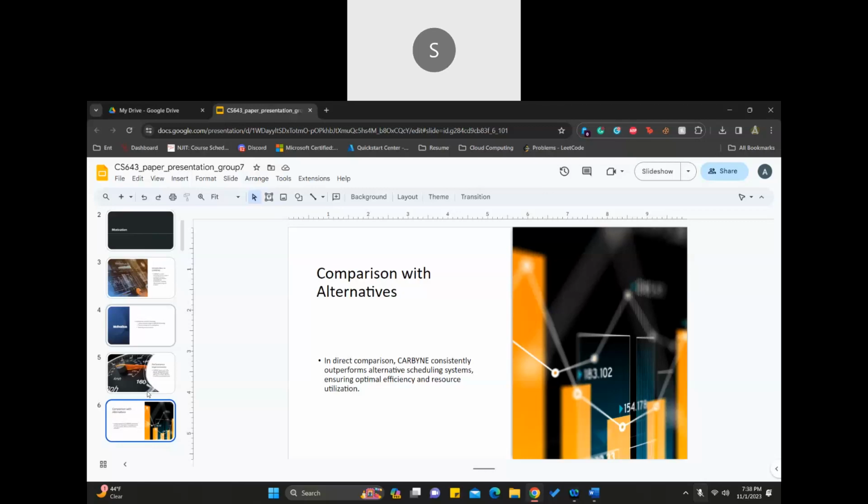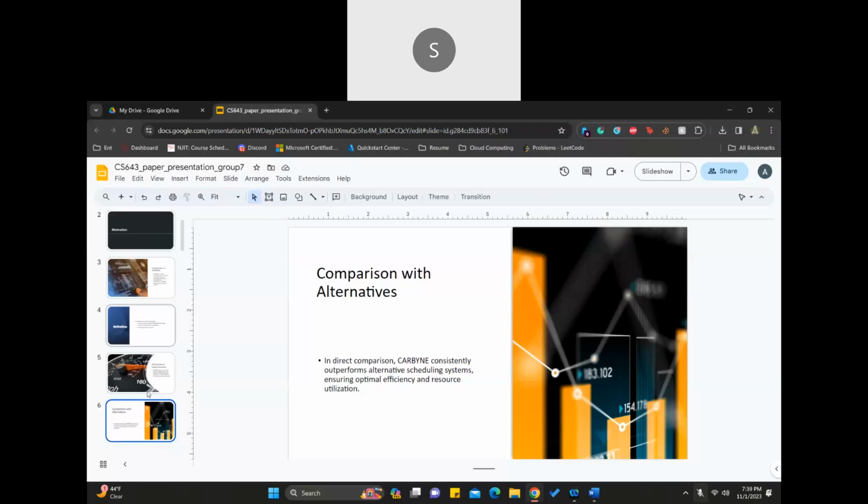In direct comparison, Carbon consistently outperforms alternative scheduling systems, ensuring optimal efficiency and resource utilization. Going into detail on this slide, I can say Carbon consistently stands out as the superior choice because it not only ensures that tasks are completed faster and more efficiently, but it also maximizes the use of available resources.